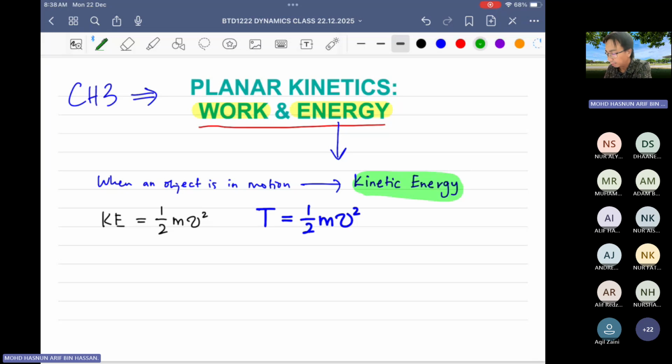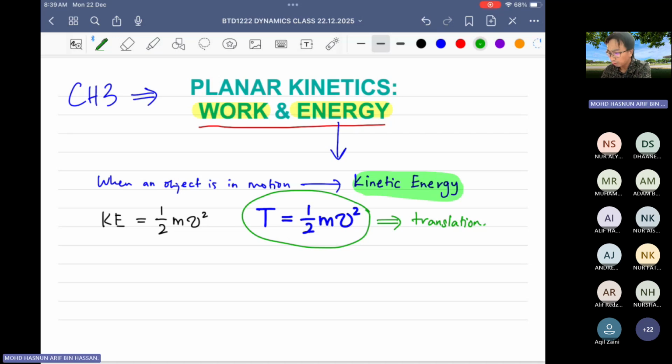But this is only for one type of motion, which is translation. In rigid body dynamics, we have learned in the previous two chapters that we have not only translation motion but also rotation motion.